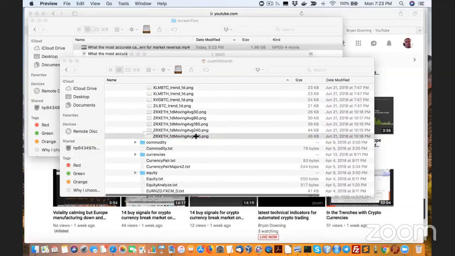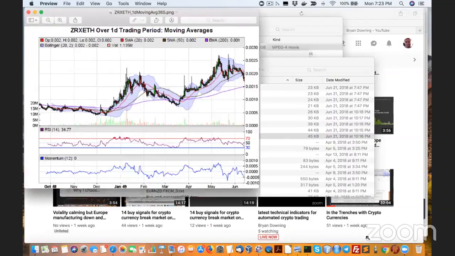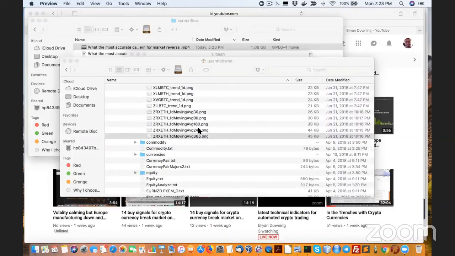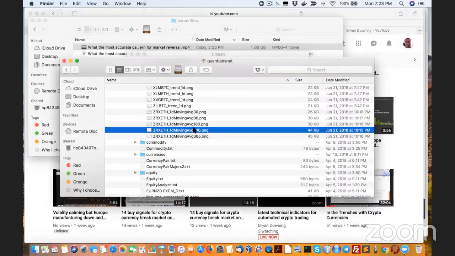I've got one for 365 days. Again, we've got momentum, RSI, and our usual moving averages of SMA 20, 50, the EMA at 200, which is slow moving, Bollinger, and our volatility. That's the 365 days, and then the 240 days.